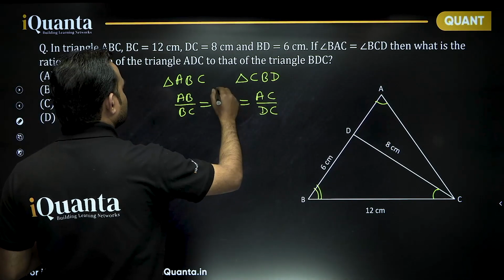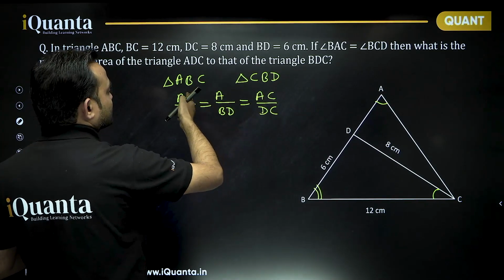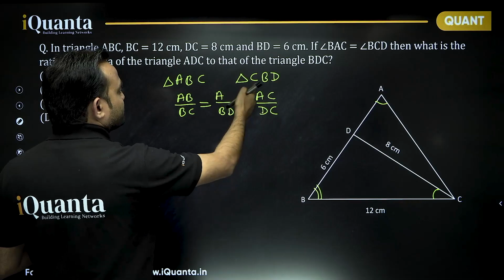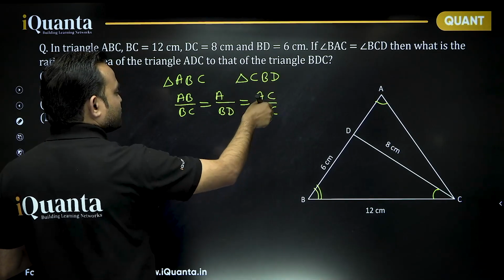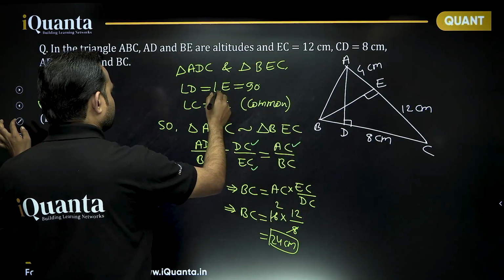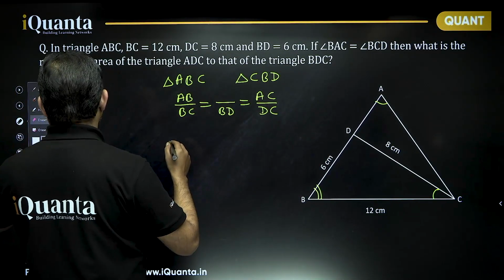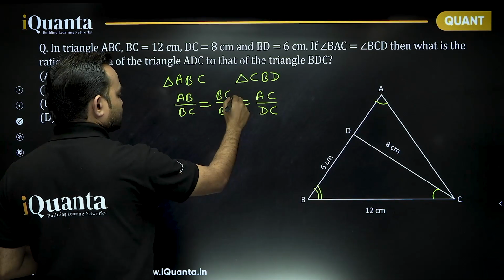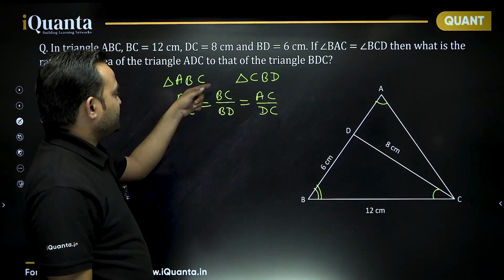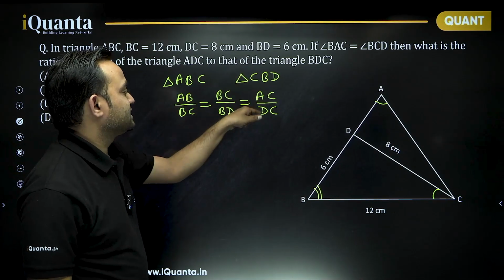This should be AB upon BC, then AC upon CD. One second. This should be BC. Okay, so BC upon BD is equal to AC upon CD.